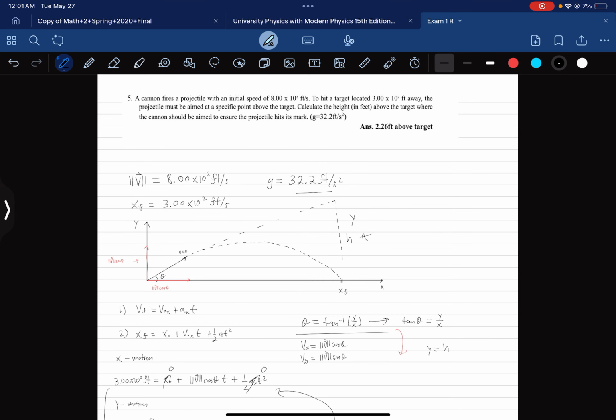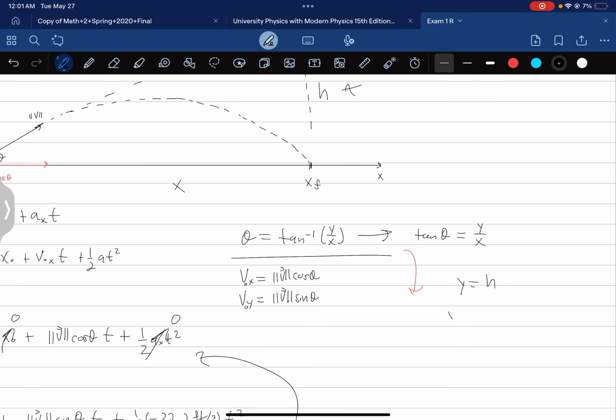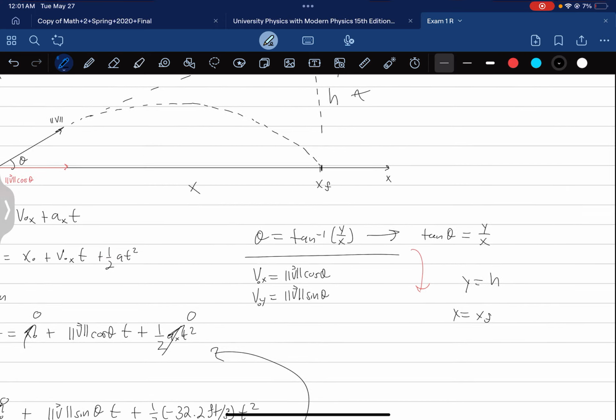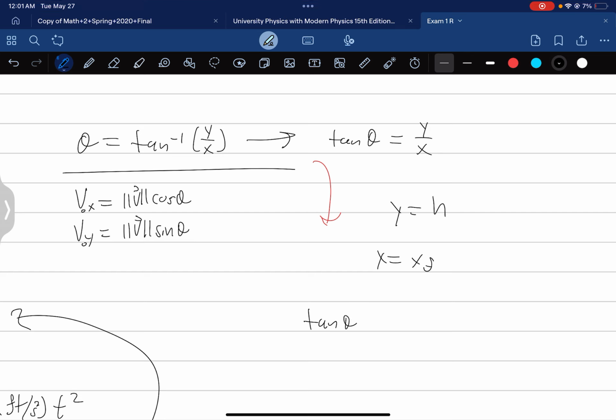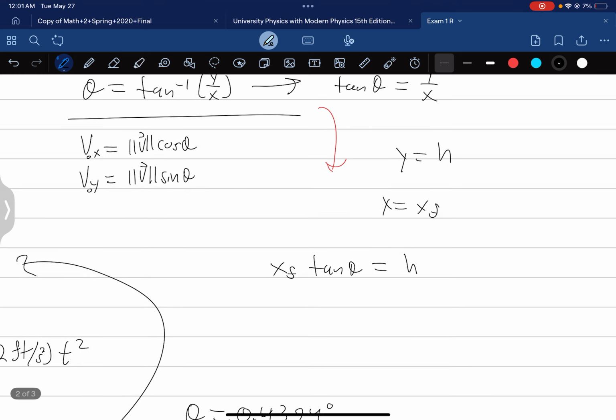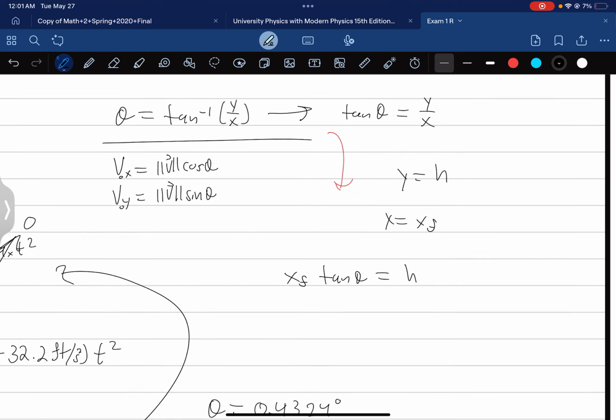This is y, and this is x, and x in this case is just the final distance to where the target is. Now we can manipulate that equation a little bit. Move x to the other side, and then put h here, and then solve for h, which we already did.